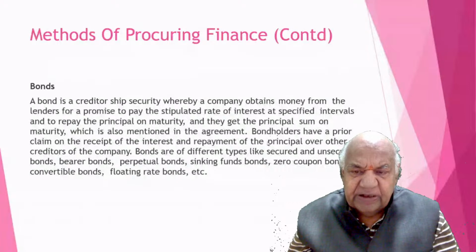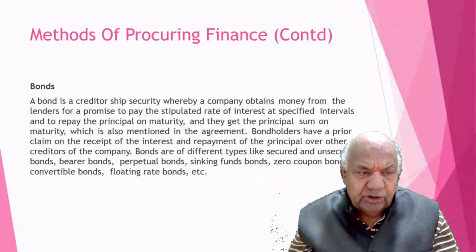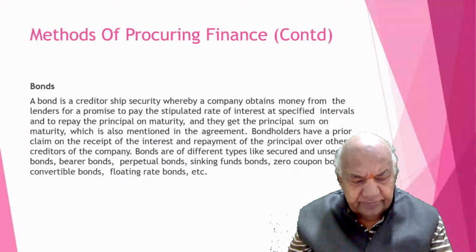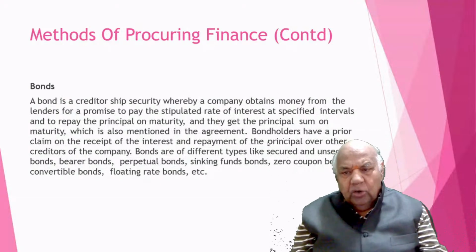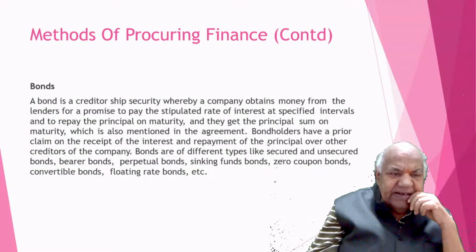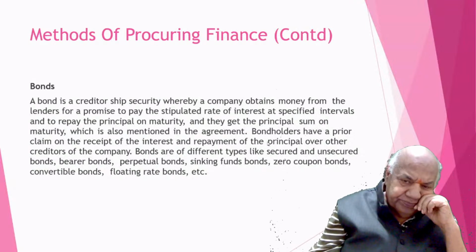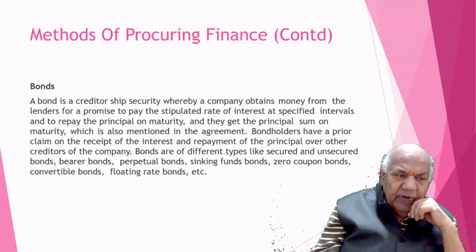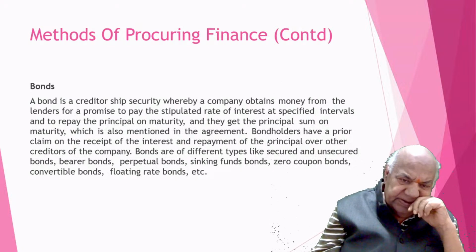They get the principal sum on maturity, which is also mentioned in the agreement. Bondholders have a prior claim on the receipt of the interest and repayment of the principal over other creditors of the company.